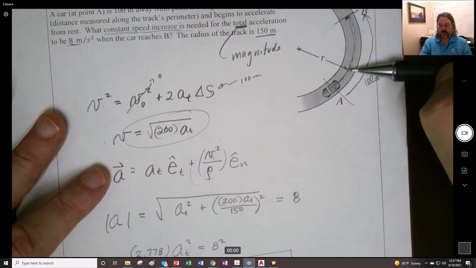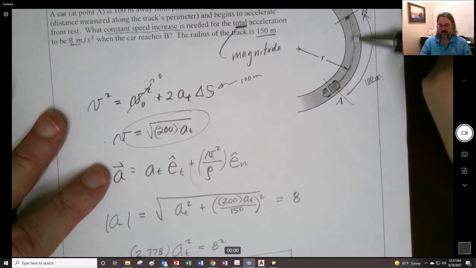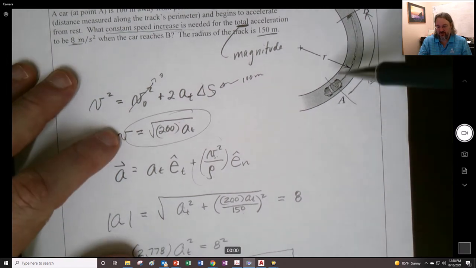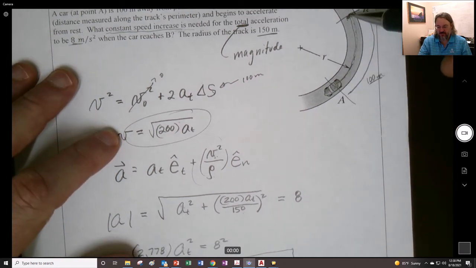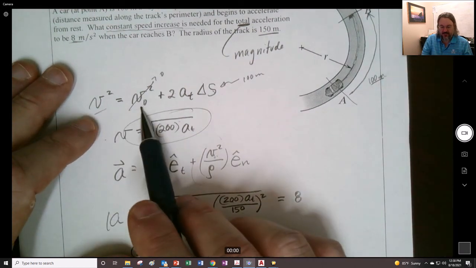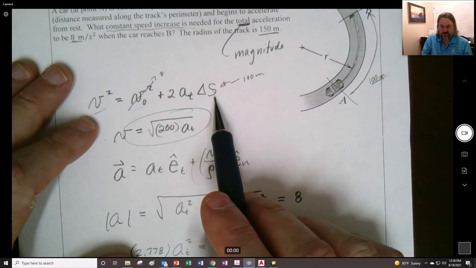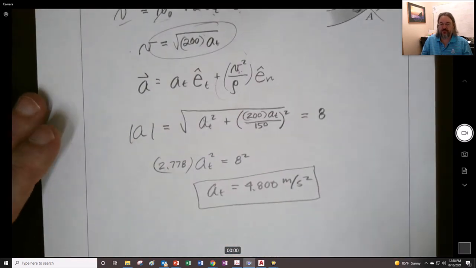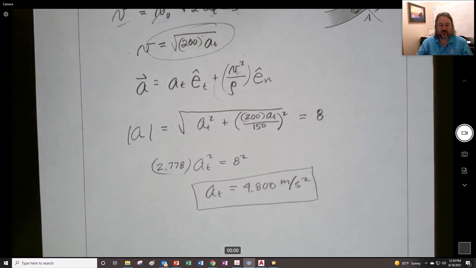It's almost acting like a straight line, so we're really just thinking about what the straight line speed increase is. If it starts from rest and gets to some speed uniformly, then we can use this velocity change and the distance to get our acceleration. From that, we could see the other steps to get to the answer.